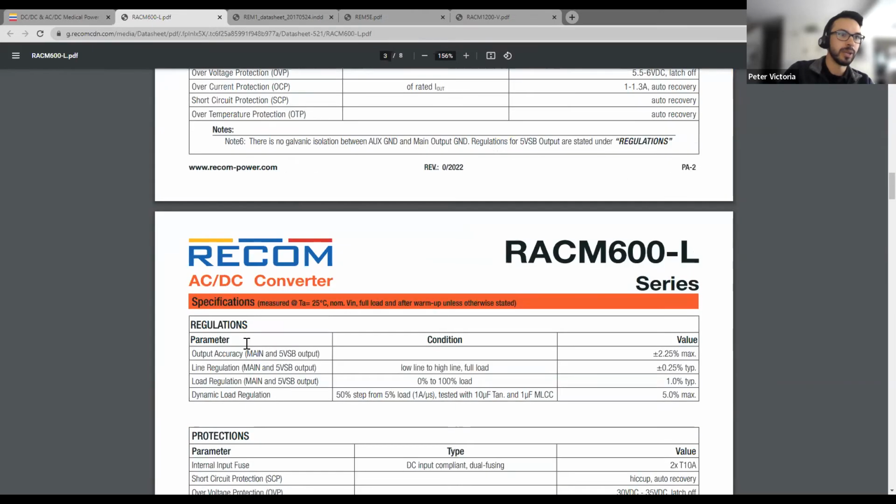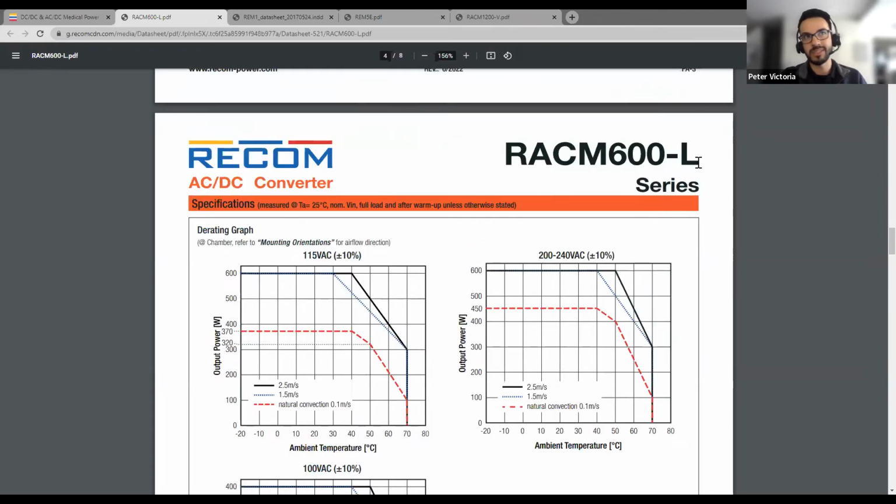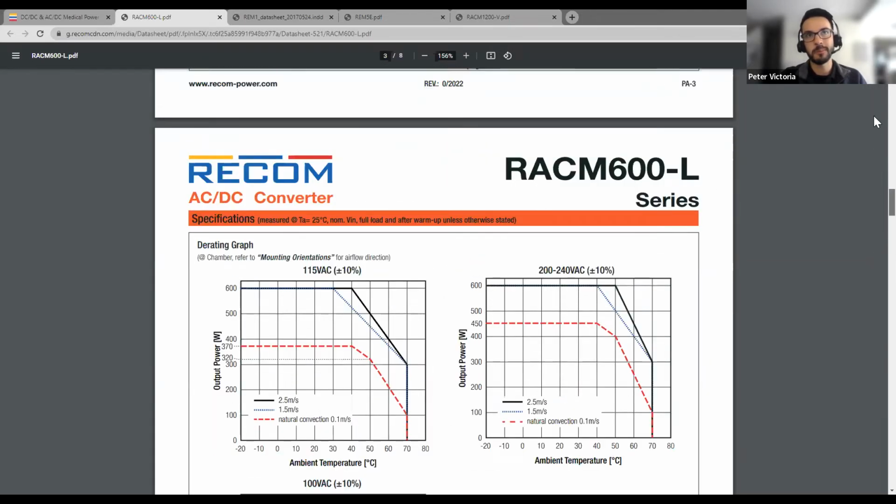So let's go down to the derating real quick. This is really a 300 watt part with natural convection. If you have a fan in your application, then yeah, 600 watts would be possible. So I would say this is probably the closest match to the person asking the question. RACM 600L would be the part number.